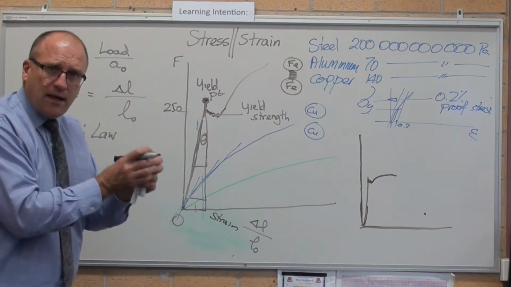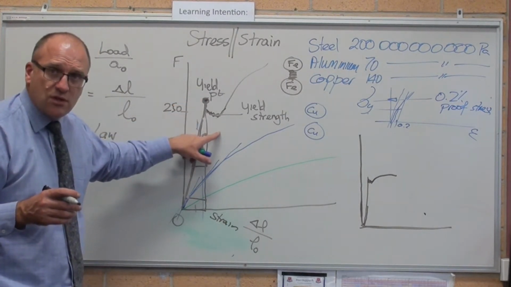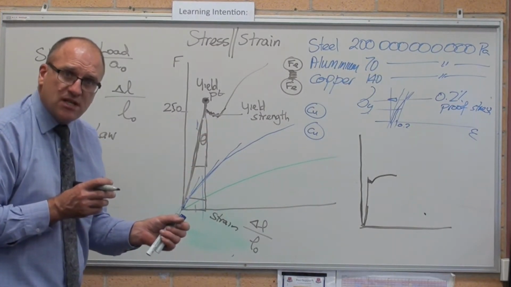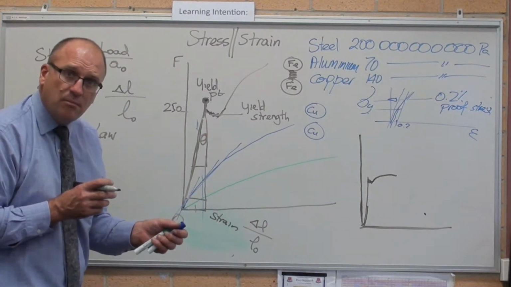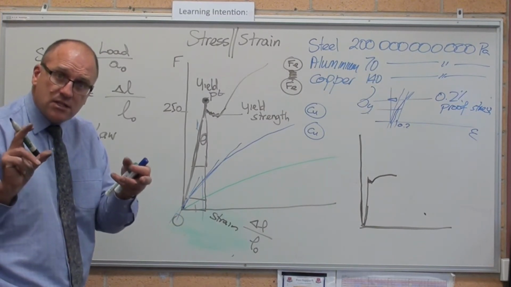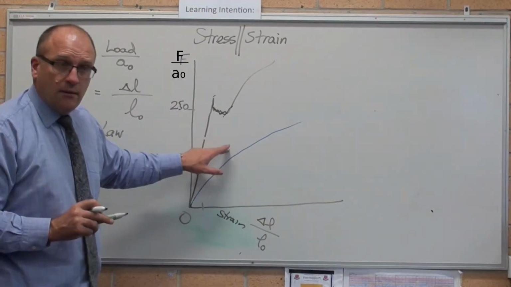Once those carbon atoms let go, that's when you get the upper and the lower yield points. Once you've already displaced the atoms from their equilibrium position by work hardening it, then the carbon atoms are already displaced and you don't get that double yield point.